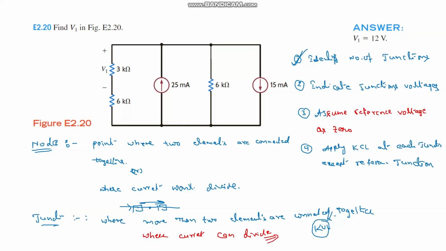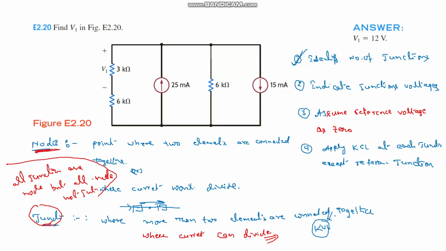After knowing the difference between node and junction, keep in mind that all junctions are nodes, but all nodes are not junctions, not vice versa.